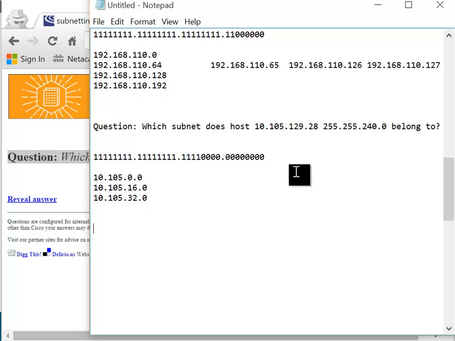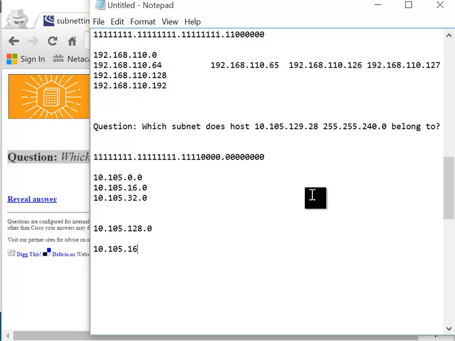105.32.0 and so on. We can continue incrementing like this, but we know there is going to be a milestone, 128.0. At one point it's going to reach 128, right? So we can go minus 16 or plus 16. So we can see here is 129, so we can add another 16. So 10.105. plus 16 is going to be 160.0.